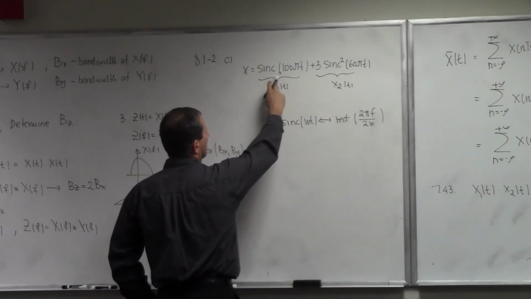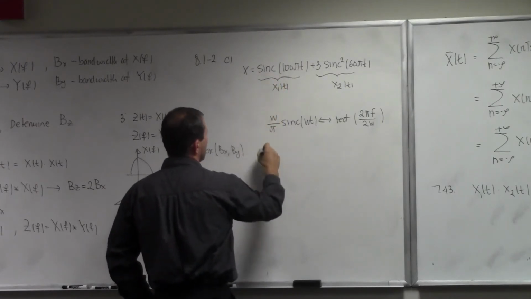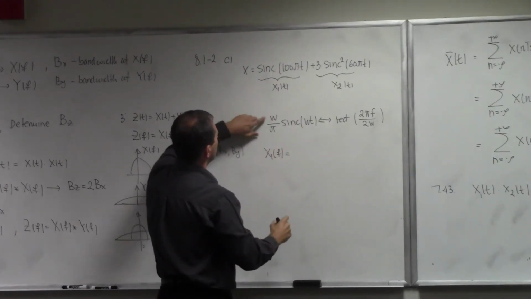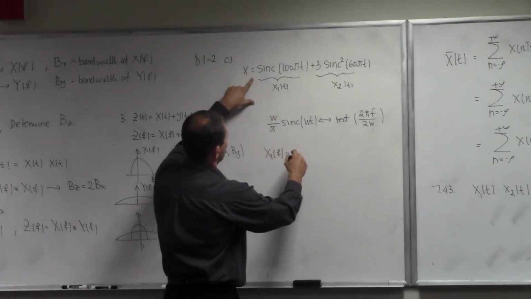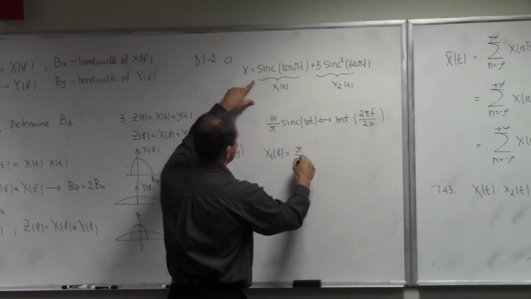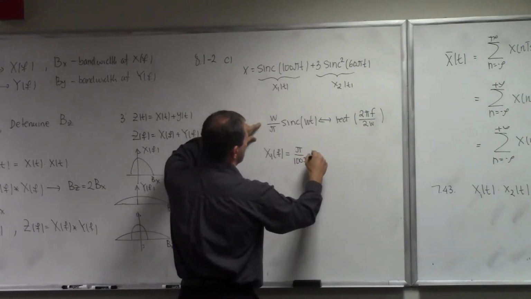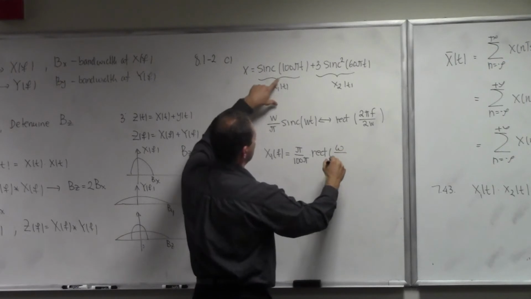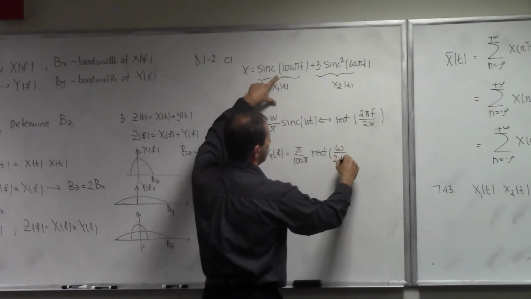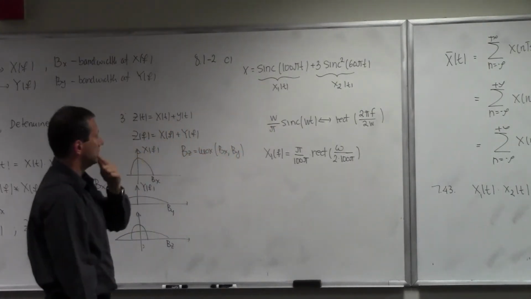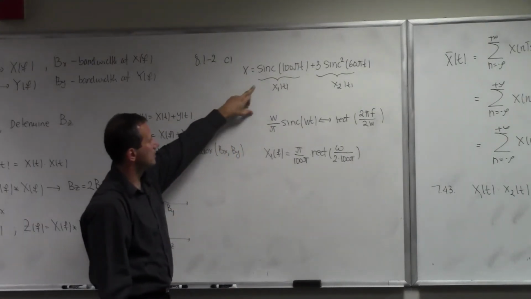So if I look at this here, then x1 of f is going to be, I guess, pi over 100 pi times the rectangular of omega over 2W, which is 2 times 100 pi. That's the Fourier transform of the first one.